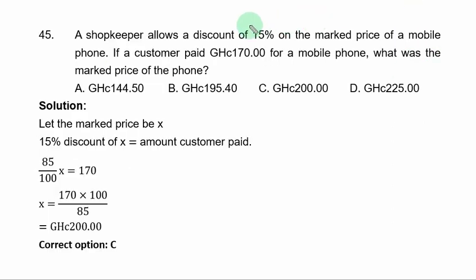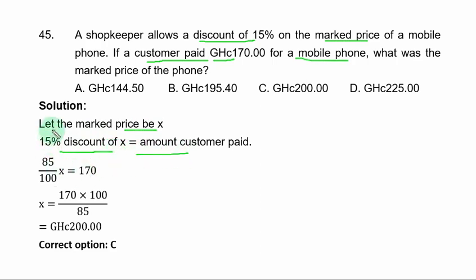Question 45. A shopkeeper allows a discount of 15% on the marked price of a mobile phone. If a customer paid 170 Ghana cedi for a mobile phone, what was the marked price of the phone? Let the marked price be S. After the 15% discount on S, the amount is what the customer paid.